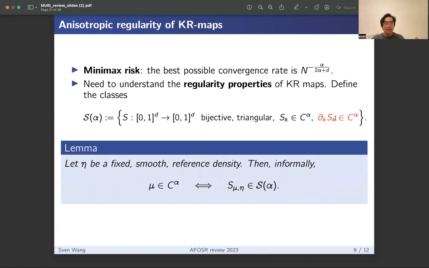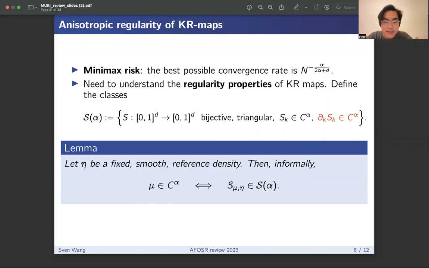And here's a key lemma that goes into our proofs, which says the following: fixing a smooth reference, typically the reference can be chosen to be nice, the following two are equivalent: for the target to be C alpha smooth, and for the unique KR map between the reference and the target to be in this anisotropic S of alpha class.